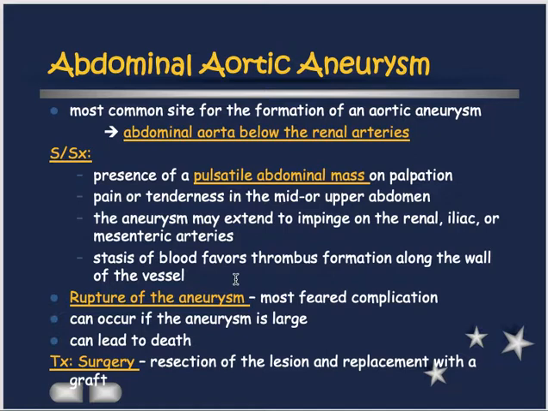Basically whenever it ruptures, the mortality is very high. You can say anyone who has a rupture of the abdominal aorta, half of the people never reach the hospital, they die before that.